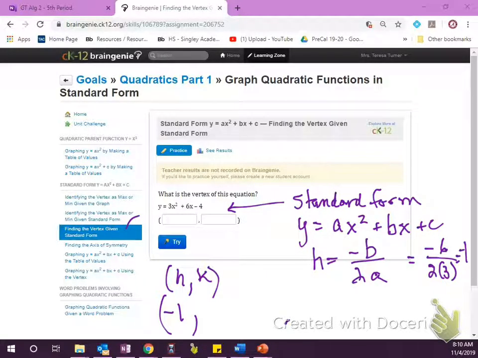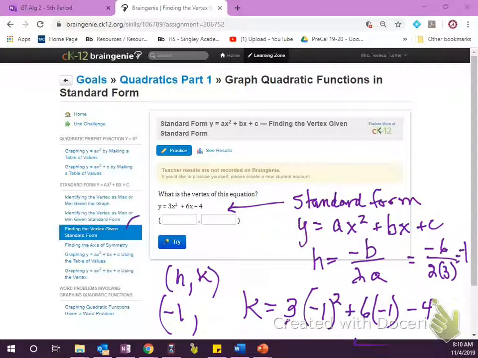Now, if I know h is the x value, how do I find the y value that goes with it? Plug it in. So we go back to this equation, and k is equal to 3 times negative 1 squared plus 6 times negative 1 minus 4.